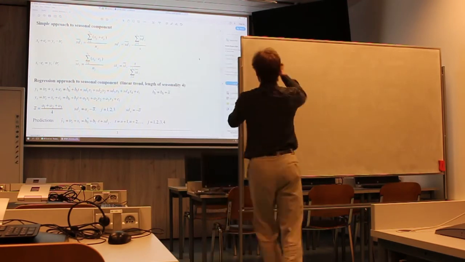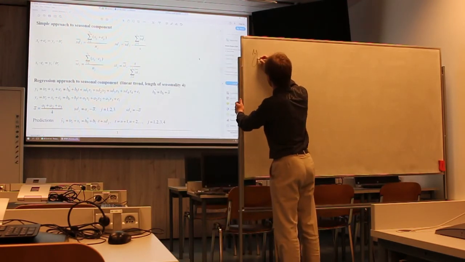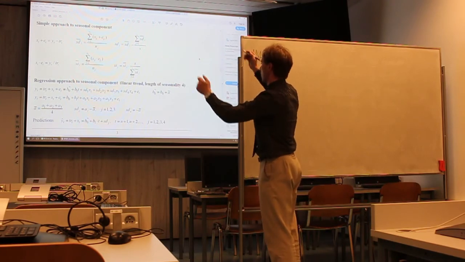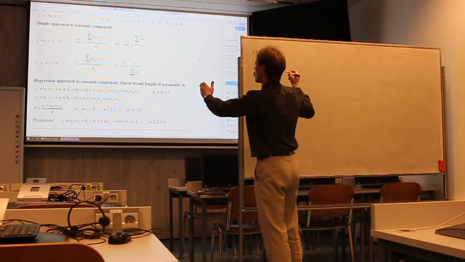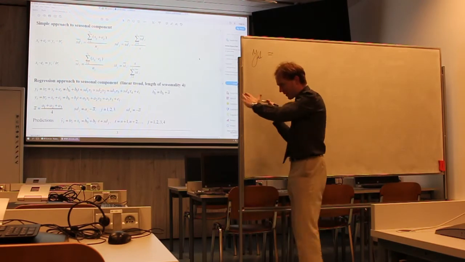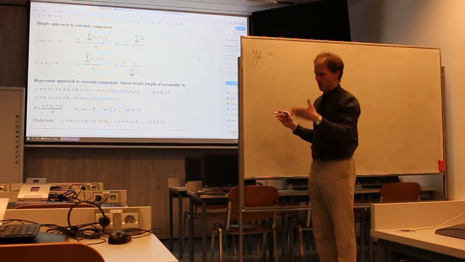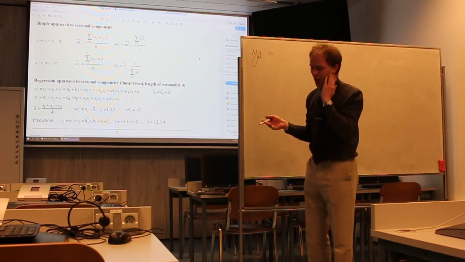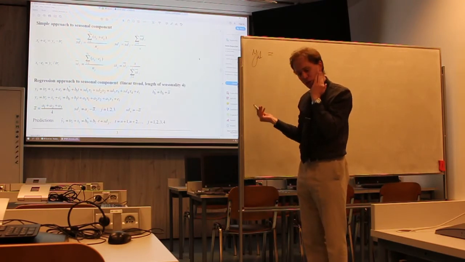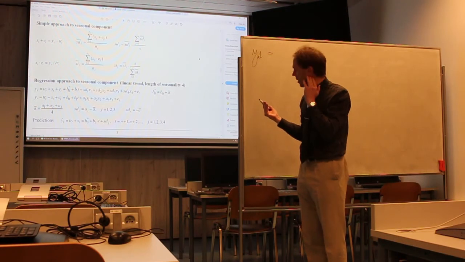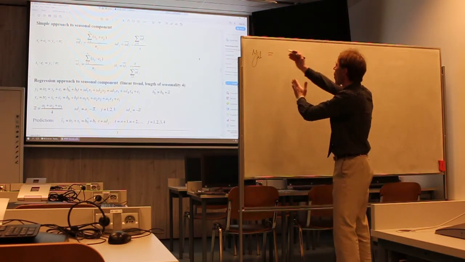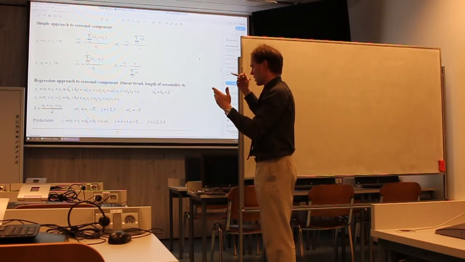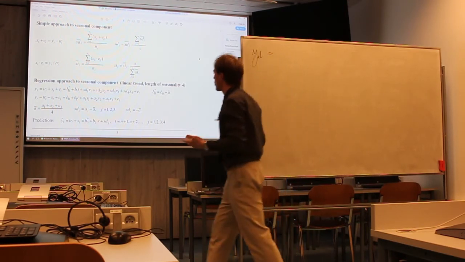We know that y in time t, the time series, is equal to trend, seasonality and macroeconomic cycle. But you know that modeling of the macroeconomic cycle is very difficult, very complicated, by only a one-equation model. So there is a simple approach.